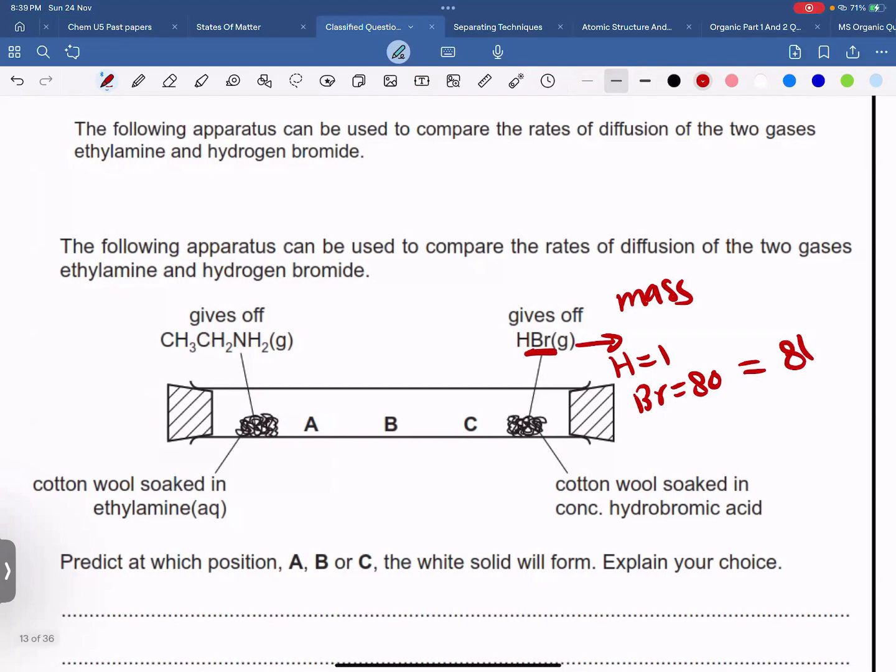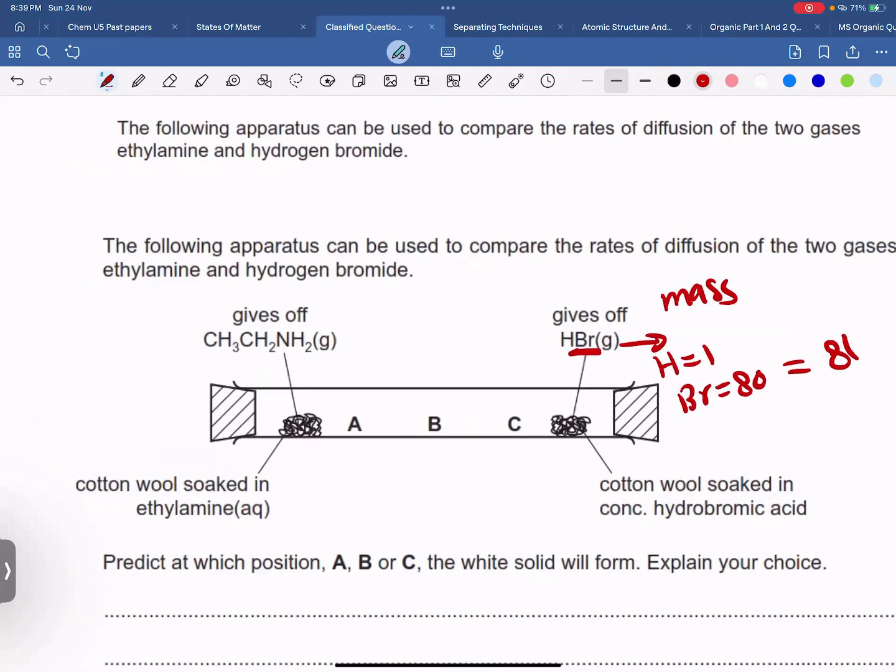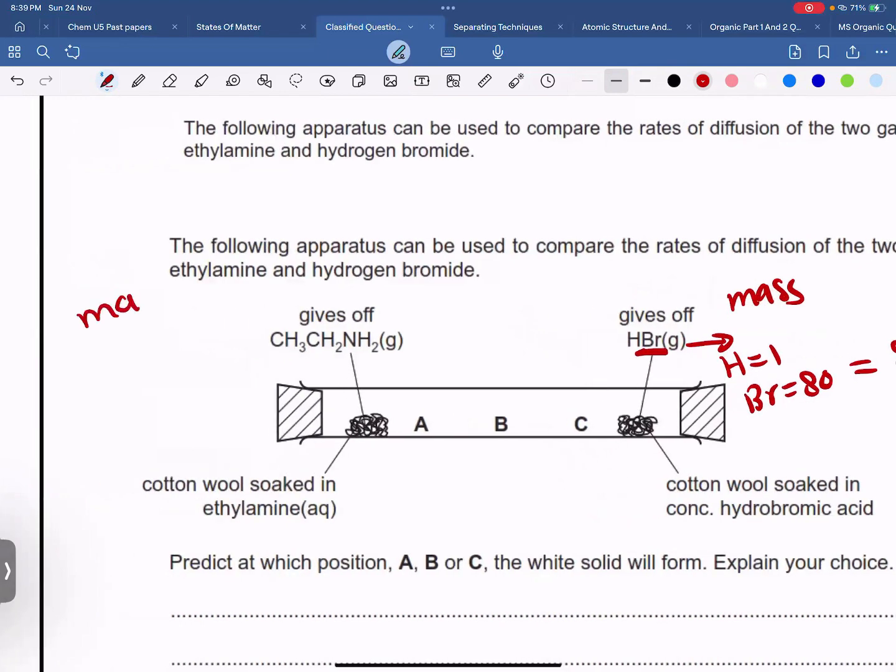And for ethylamine, from the periodic table, you can calculate mass. So 12 plus 3 multiply 1 plus 12 plus 2 multiply 1 plus 14, which is for nitrogen, plus 2 multiply 1. It's going to be 45.